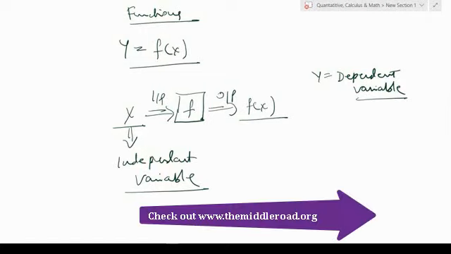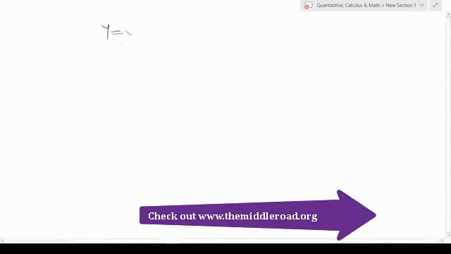So let's take an example. y is equal to x squared. We get a fair idea of the meaning of domain and the meaning of range. Now we know y is a function of x squared, so y is dependent on the values of x. x could take any value here. Let's say x takes a value of 0. At x is equal to 0, y is equal to 0, since 0 squared is 0.